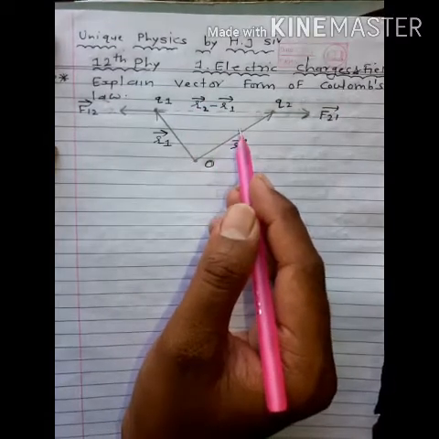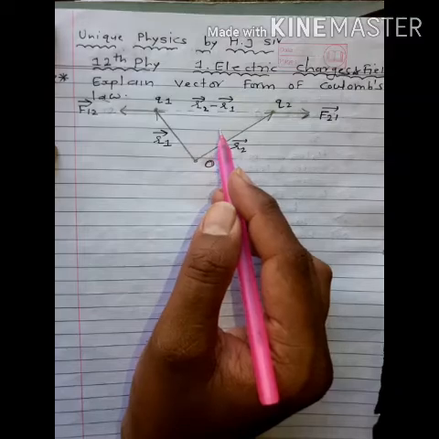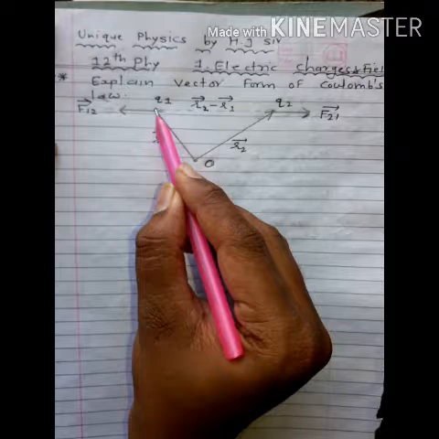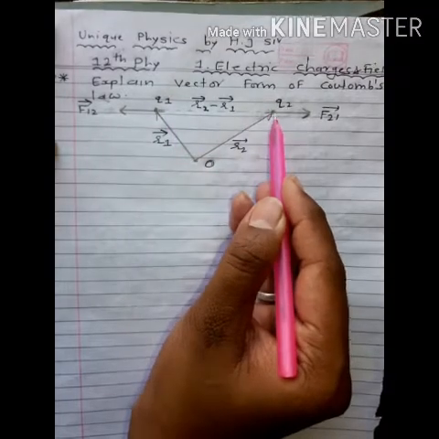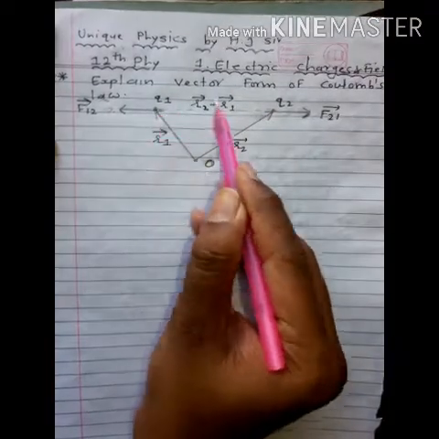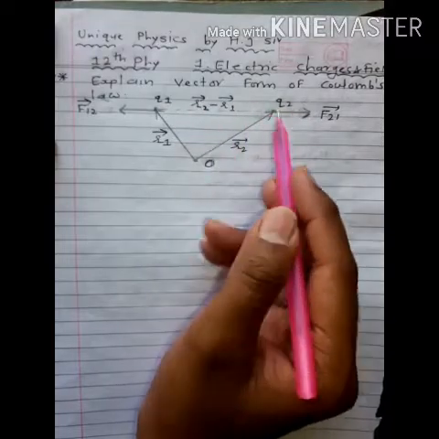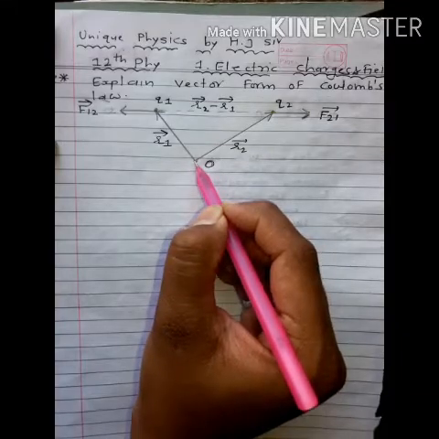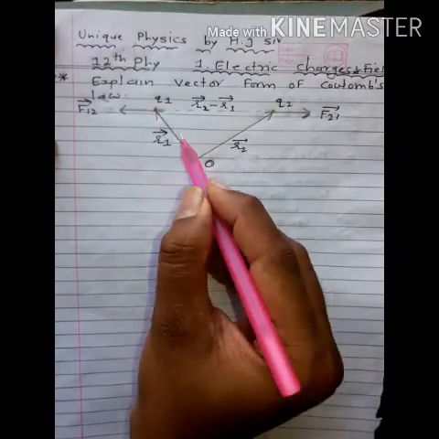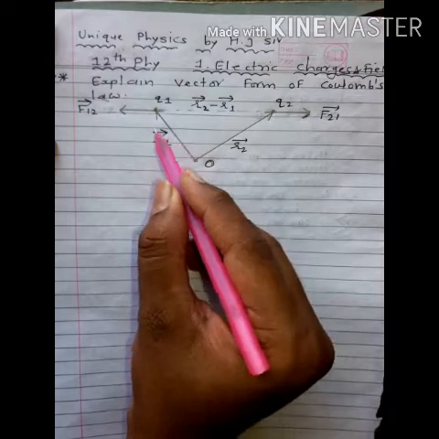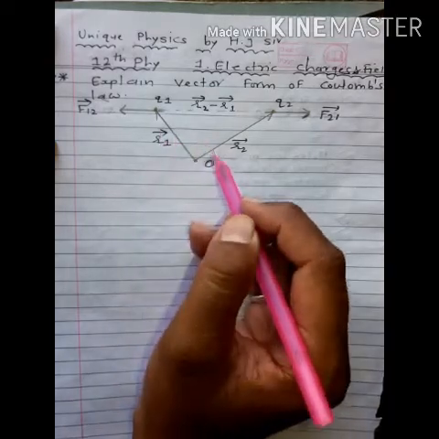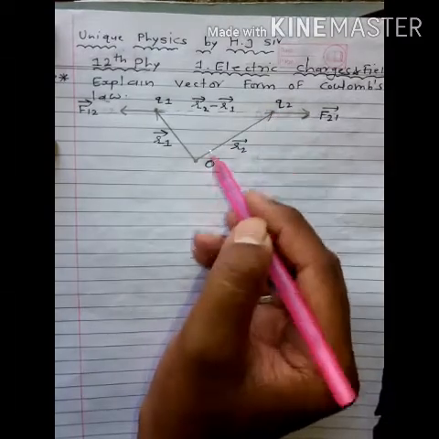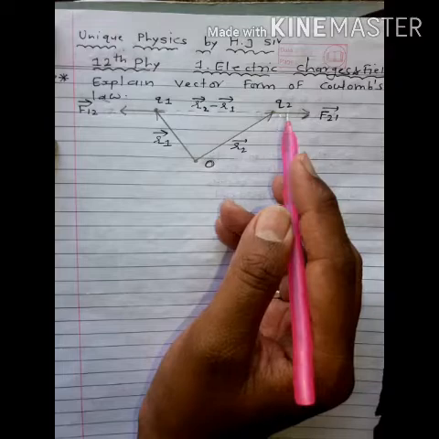This is the simple figure of this question. Here we have two electric charges Q1 and Q2. These are two point-like stationary charges. This is our origin. With respect to origin, the position vector of the first charge is vector r1, while with respect to origin, the position vector of the second charge q2 is vector r2.